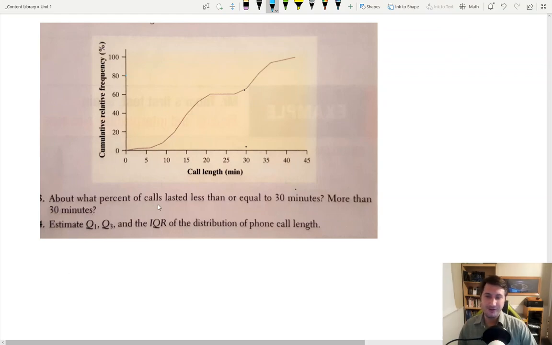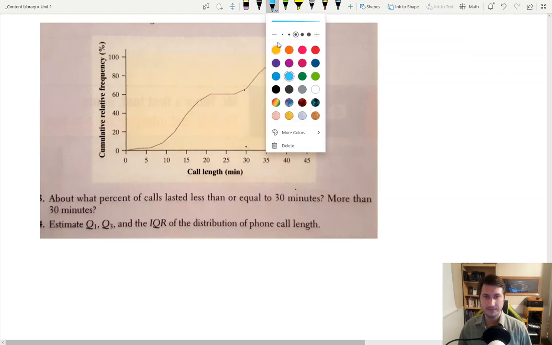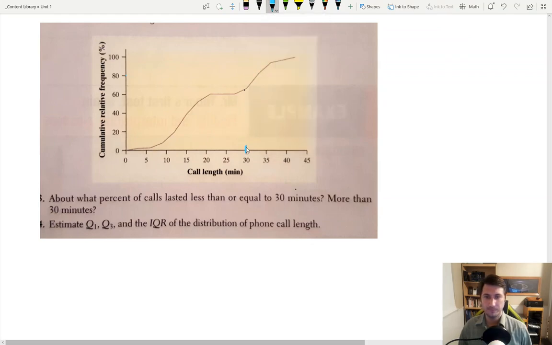About what percent of calls lasted less than or equal to 30 minutes? All right, so we go to 30 minutes, and then we follow that up, and then we follow that over as straight as you can. So that's probably less than 70. Let's call that 65 maybe. So 65% of calls lasted less than or equal to 30 minutes.